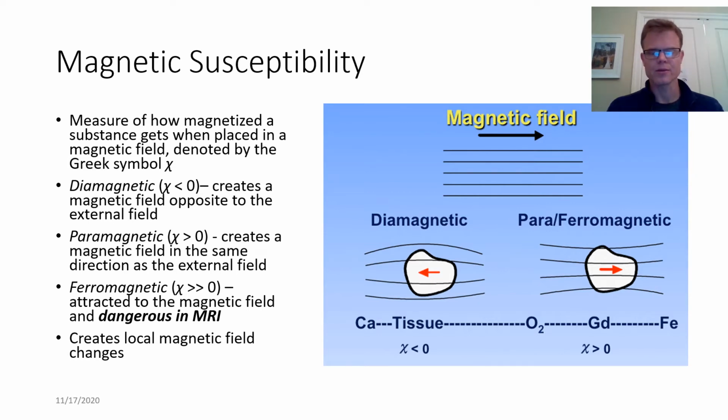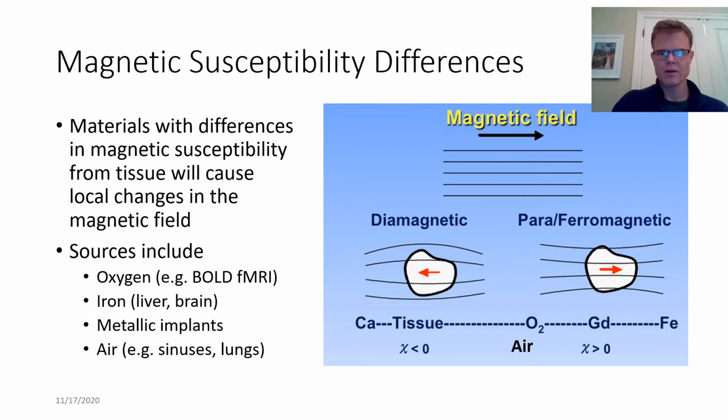Paramagnetic materials include iron, gadolinium contrast agents, and oxygen as well, and even air, annotated here. And ferromagnetic materials, of course, are attracted into the magnet, so should not be present at all in any imaging experiment. When there are differences in magnetic susceptibility, there's a boundary effect, which I'll illustrate in a few slides, that will cause local changes in the magnetic field.